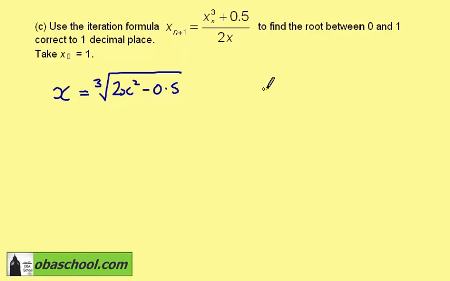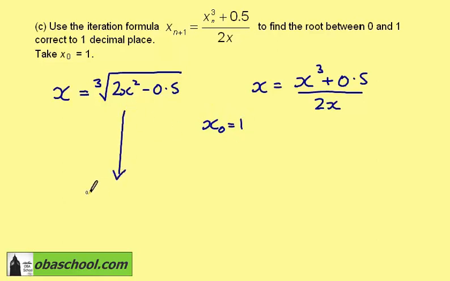In this example, we rearranged to get that x was equal to (x cubed plus 0.5) divided by 2x. However, we started both iterations with x0 being equal to 1, but the last one found the root in the interval 1 to 2, and this one found the root in the interval 0 to 1. So different rearrangements find different roots. We'll talk more about this later.